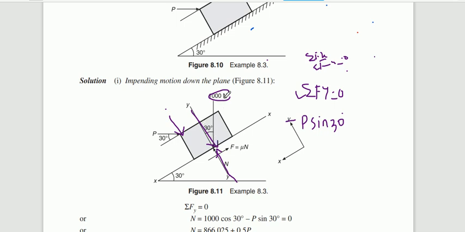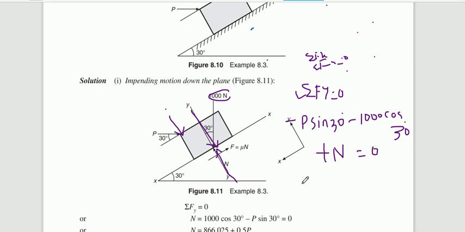And here also 1000 cos 30 degree is moving downward, therefore it is negative 1000 cos 30 degree. And N is a force moving upward, therefore plus N is equal to 0.